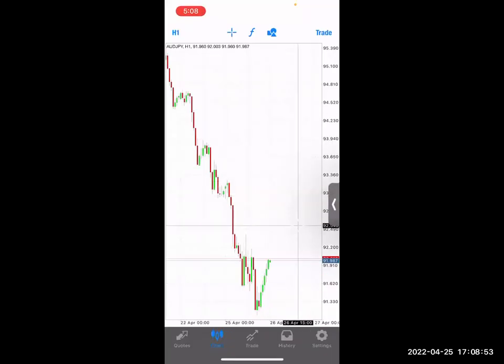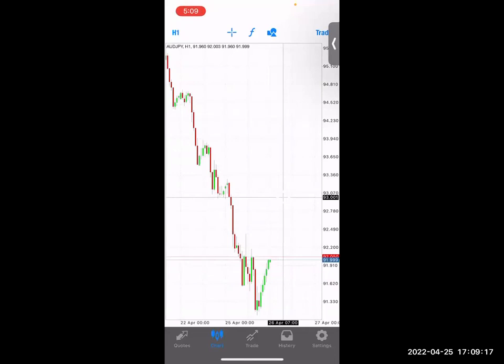All right. So on the very far right side of the screen, those numbers let me know how far the market has moved. So from 92.50 all the way up to 93 even would be 50 pips.